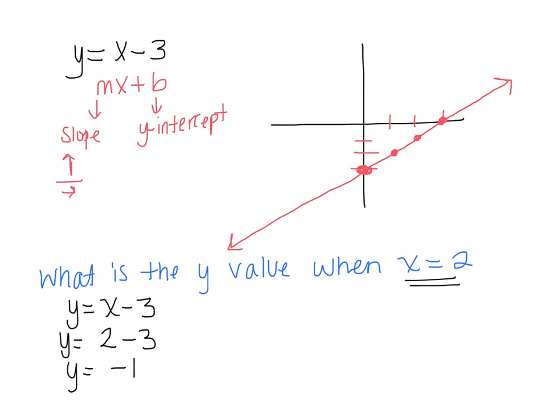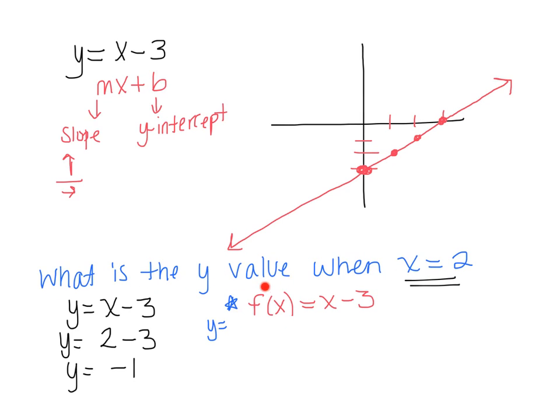So to make it a little bit more advanced, when you got to Algebra 1, you should be recognizing this notation f of x. So I could write this line, y equals x minus 3, as f of x equals x minus 3, where f of x is the same thing as saying y equals. So the way that we would do this same problem, what is the value of y when x is 2?